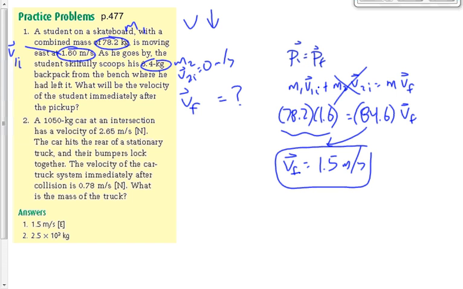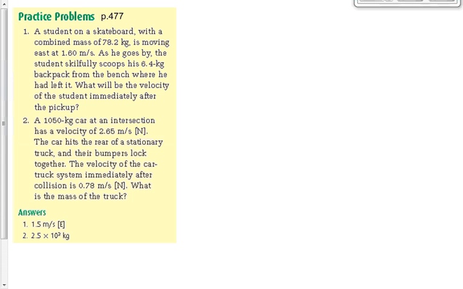Let's take a look at number 2 here. It says a 1,050 kilogram car at an intersection has a velocity of 2.65 to the north. Hits the rear of a stationary truck, and their bumpers lock together. The velocity of the car-truck system immediately after the collision is 0.78. What's the mass of the truck?